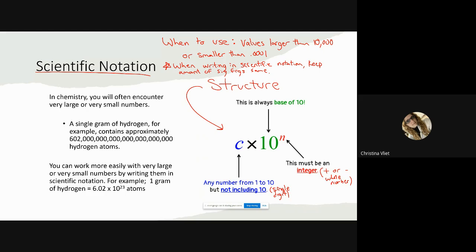We only know to precision the 6, the 0, and the 2, and the rest is implied to be rounded. When you write this in scientific notation, guess what? You also write 3 numbers, 3 significant figures. And so you keep the amount of significant figures the same when you are switching between regular standard form and scientific notation.